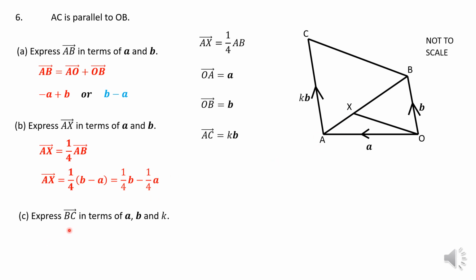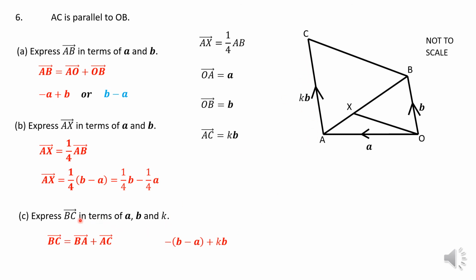Then they are saying we are supposed now to use BC. So BC is like you're going BA plus AC. For you to go from B to C, you go BA plus AC. Now we know what AB is, so BA has to be the reverse of that, minus that. And obviously AC is equal to KB.